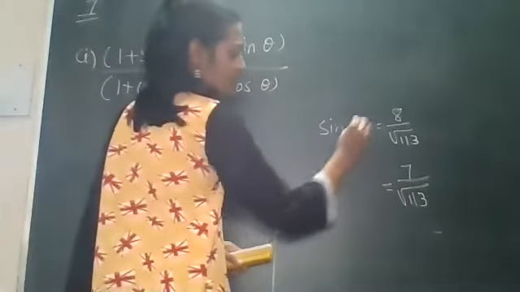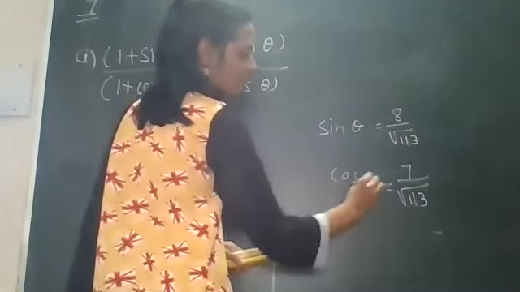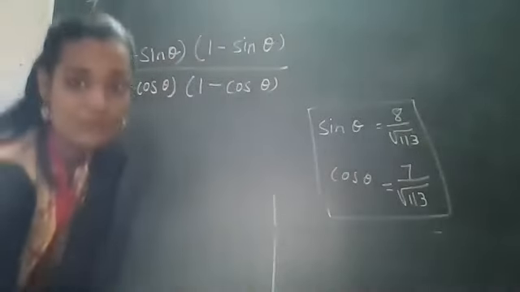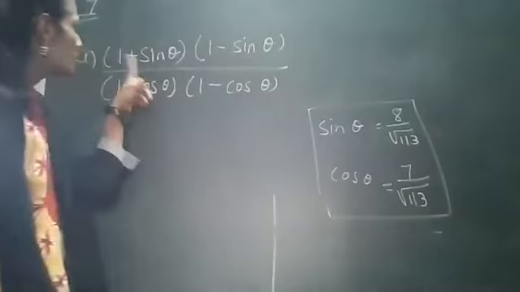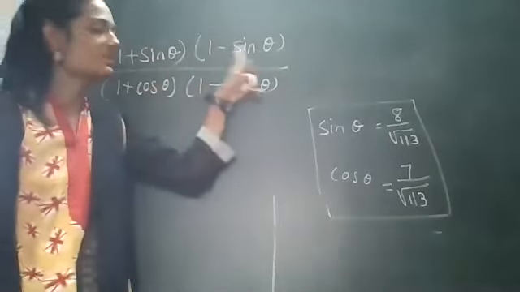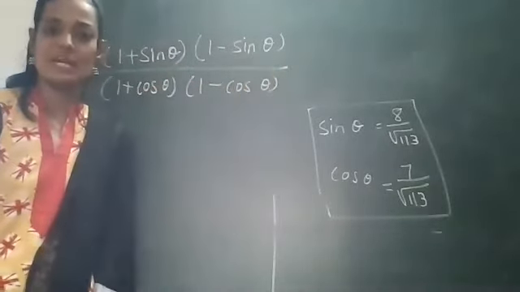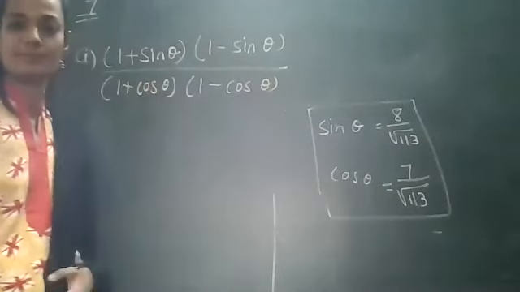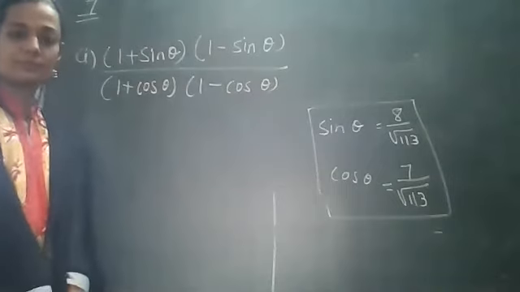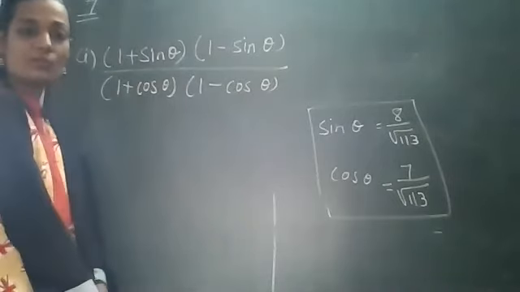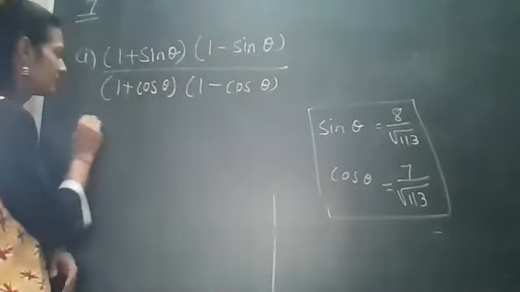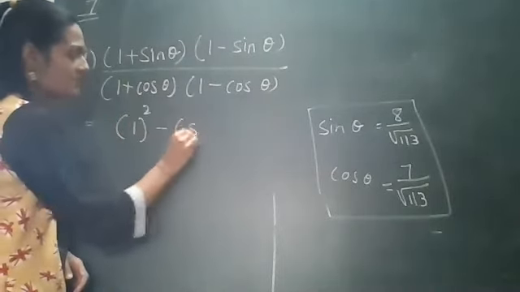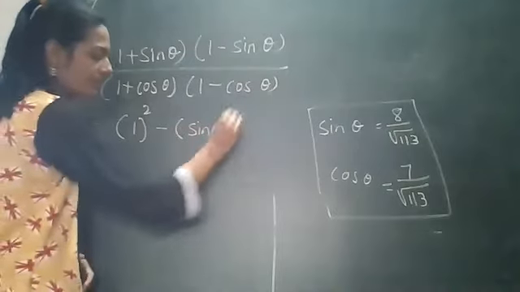It is the value of sin theta and the value of cos theta. Now students, this is an identity. 1 plus sin theta and 1 minus sin theta are given. So what can we write? It is a plus b and a minus b. So we can write a square minus b square, or not?